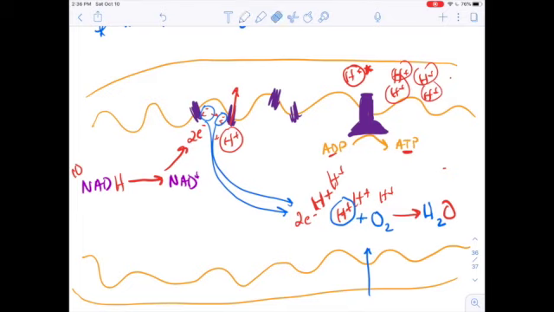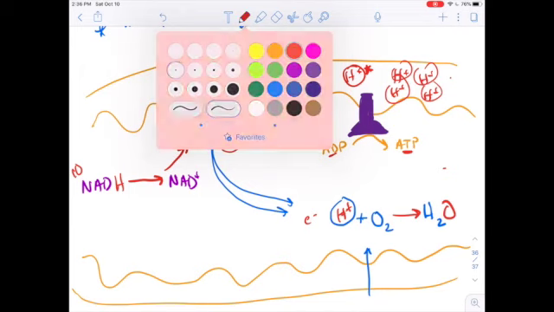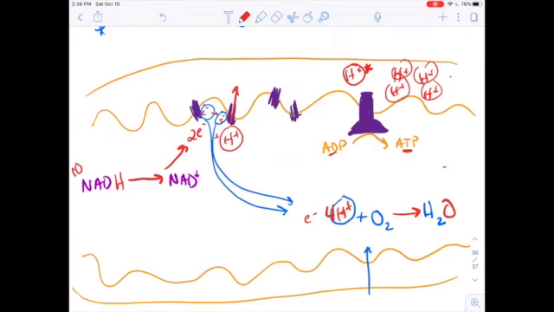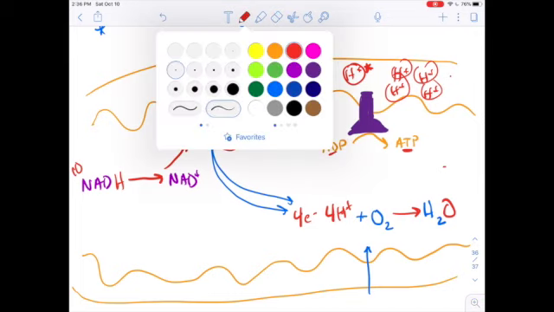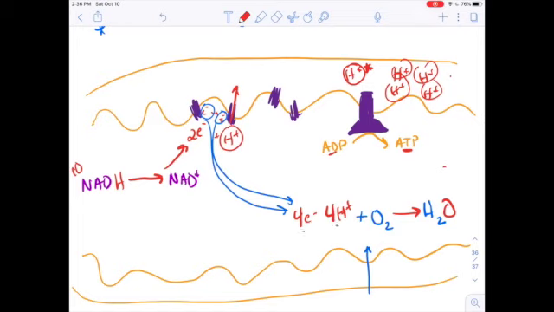Let's balance this. We got to have 4 of these and 4 of these. Let me get rid of this circle there. There we go. Yeah, does that work? No, I got to change this a little bit to make 4 H2O.